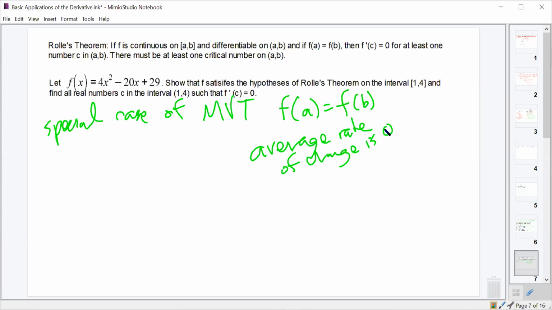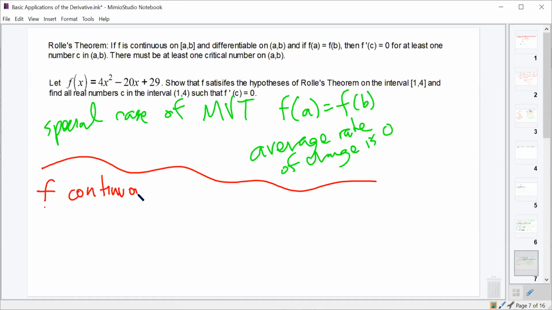So we should be able to apply Rolle's theorem, the special case of the mean value theorem, anytime that f of a equals f of b for a continuous differentiable function. So let's take a look at this one. 4x squared minus 20x plus 29 on the interval from 1 to 4. So first off, f is continuous. Why is f continuous?